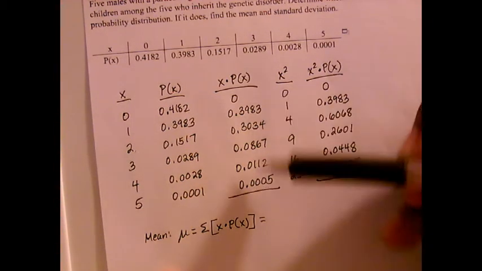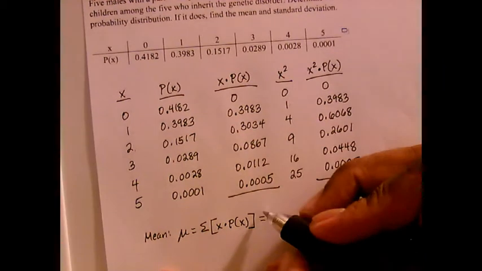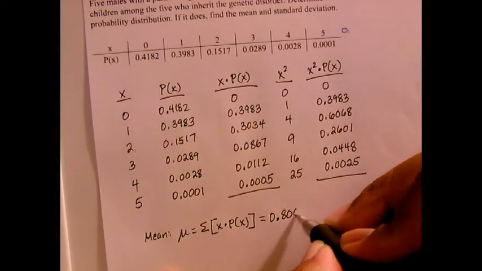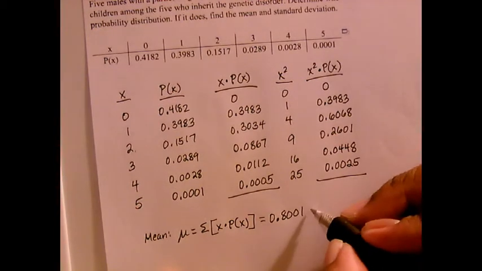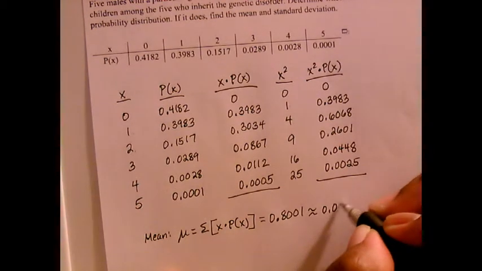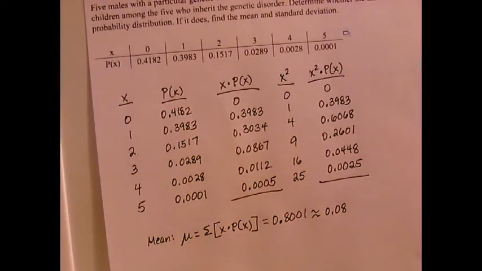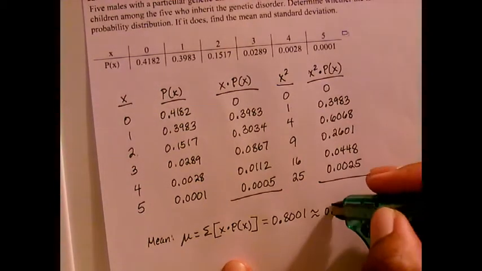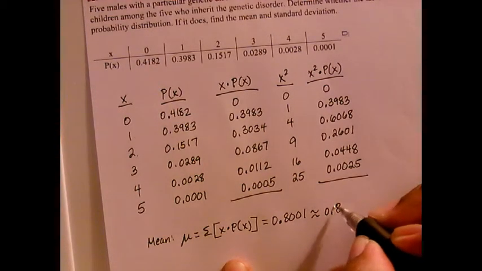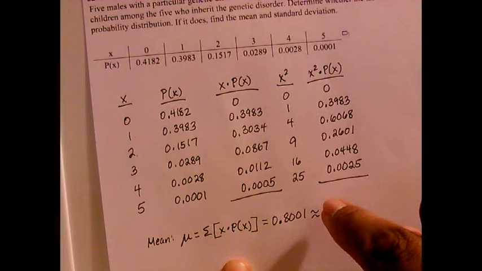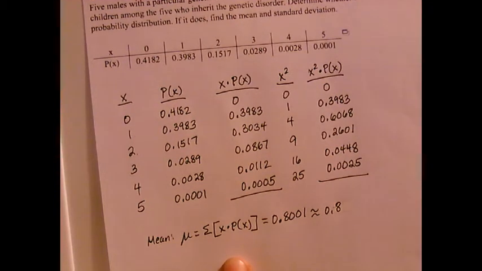So when I add up these numbers, I'm going to get 0.8001. But my x value is a whole number, so I'm going to round this to one decimal place, which would be approximately 0.8. Not 0.08, just 0.8. So the mean there would just simply be 0.8.